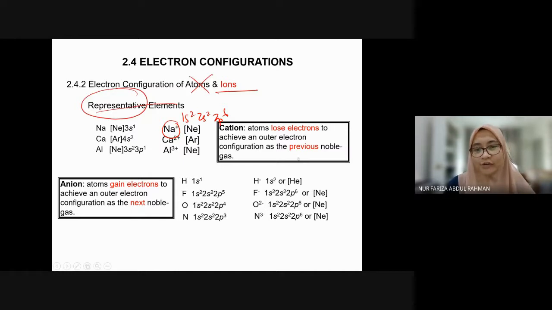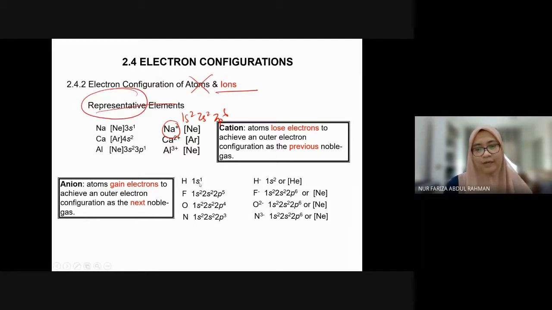But for cation dia buang electron in order to become the previous noble gas, so that it achieves the electron configuration of the previous noble gas. And anion, dia kena add in electron to become the next noble gas.